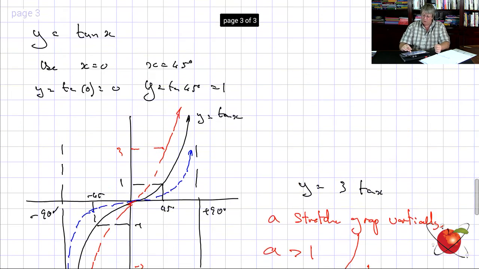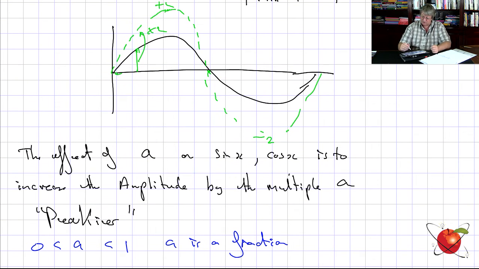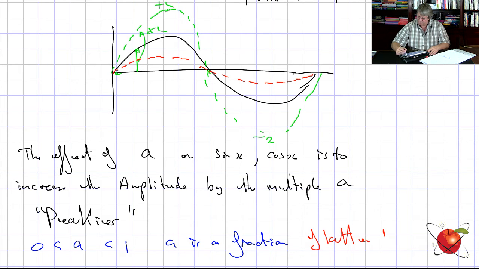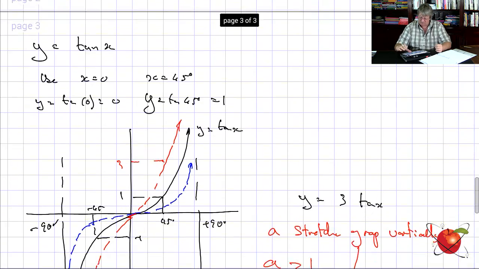Well, what would happen if it was a fraction? I would in fact be doing this, wouldn't I? So if it's a fraction, I flatten the graph. If A is greater than 1, the graph gets peakier. And otherwise, if it's a fraction, I flatten the graph.